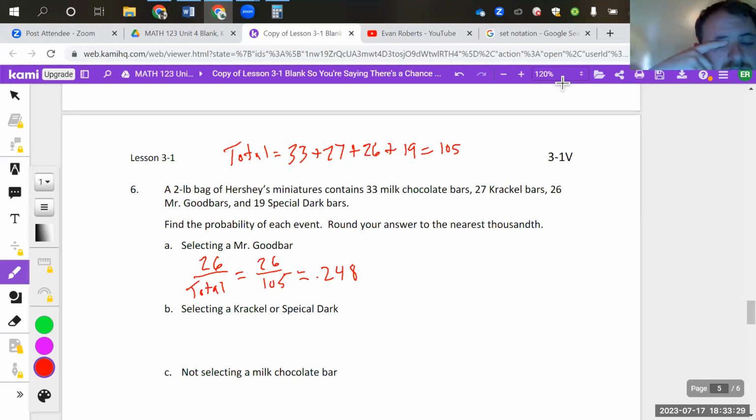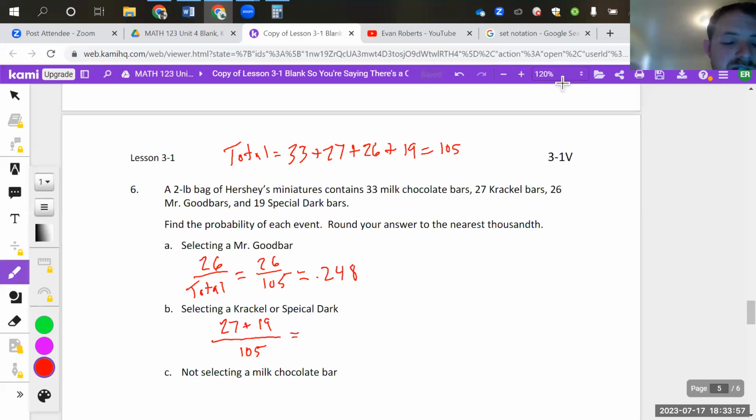Okay. And so selecting a crackle or a special dark chocolate. Oh, typo. That's tough. So a crackle would be 27. And then the special dark would be 19. So you would have to add those and then divide by 105. You could have done 27 divided by 105 and then 19 over 105.